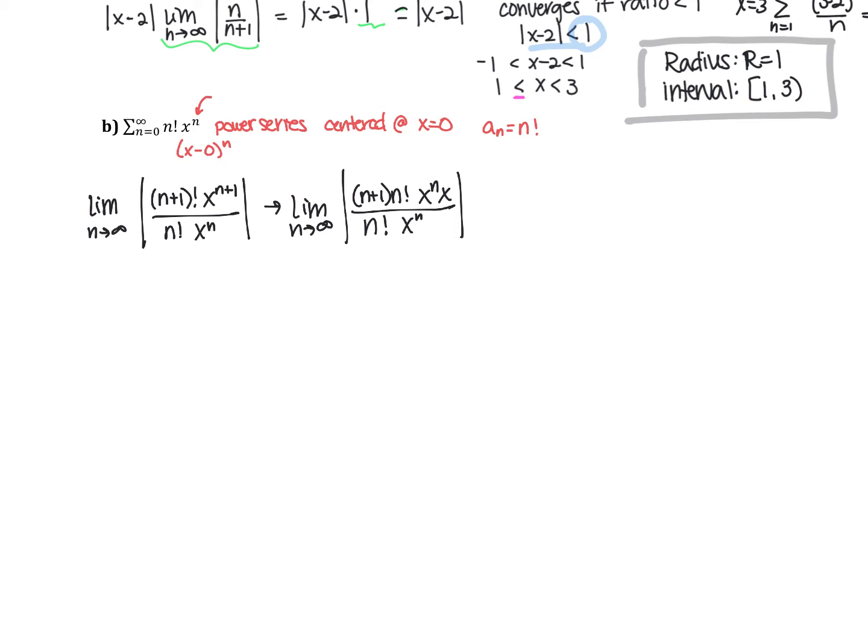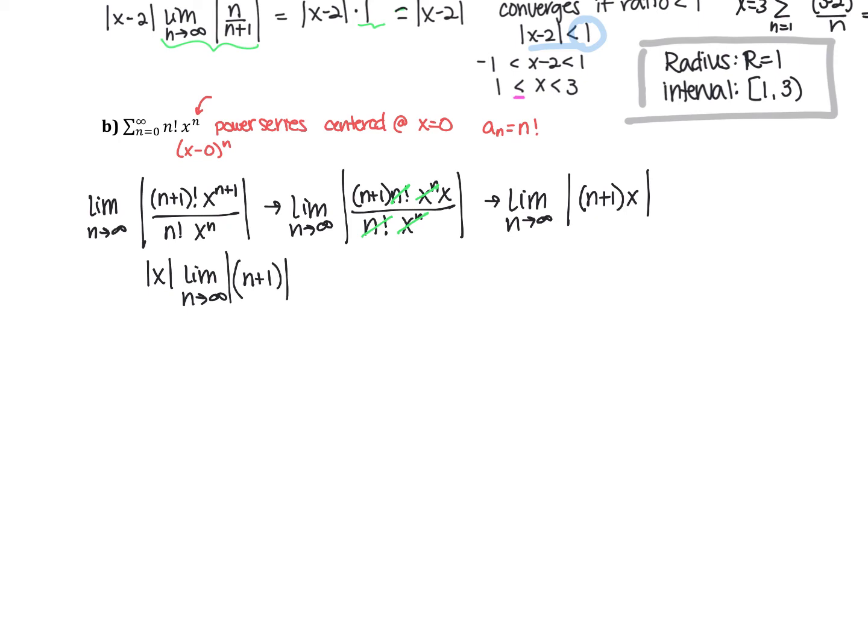Okay, and seeing this, my n factorial goes away, my x to the n goes away, and so really this problem becomes the limit as n approaches infinity of the absolute value of n plus 1 times x. And what that means to me is I can pull out that absolute value of x. It doesn't have any bearing on that limit. So I will do the limit as n approaches infinity of n plus 1.